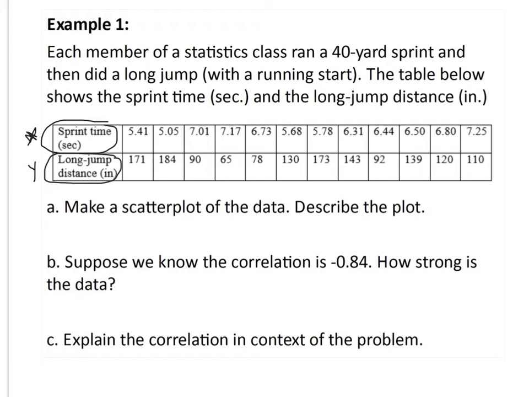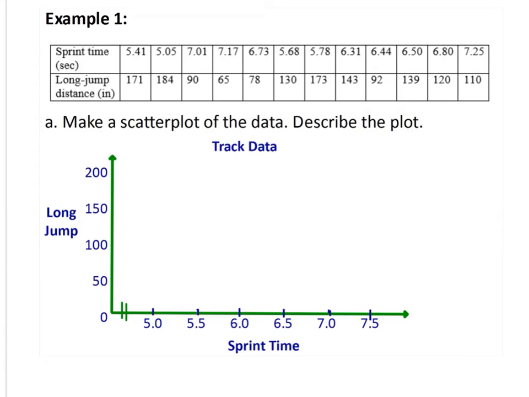So part A says make a scatter plot of the data and describe the plot. So if I think about setting up a scatter plot, I have a title, track data. The y-axis is my long jump. I saw that the values went from 65 to 184, so I went up by 50s up to 200.